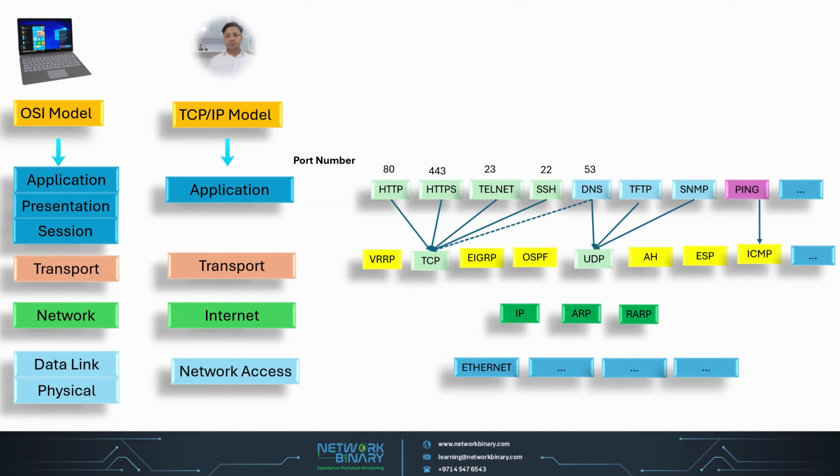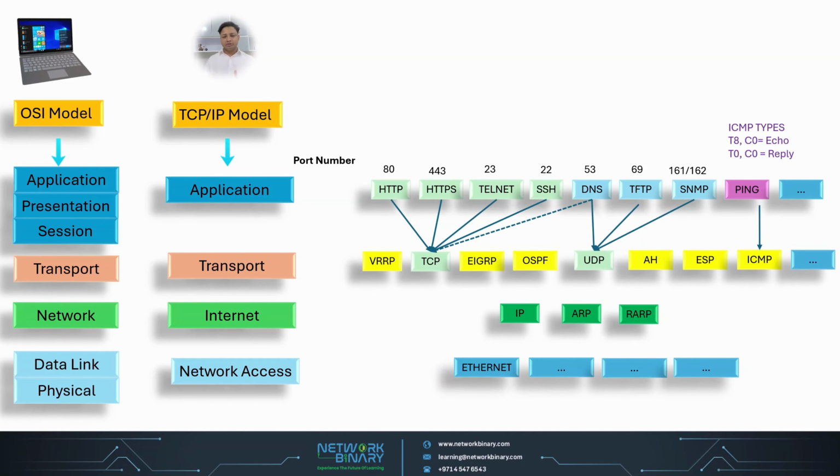DNS uses TCP and UDP both, port number 53. TFTP uses port number 69 of UDP. SNMP uses 161, 162 again of UDP. Ping does not use any port number, like I said, it uses ICMP types. Type 8 code 0 is for echo request, and type 0 code 0 is generally used for echo reply. We have an example in this video after this slide.